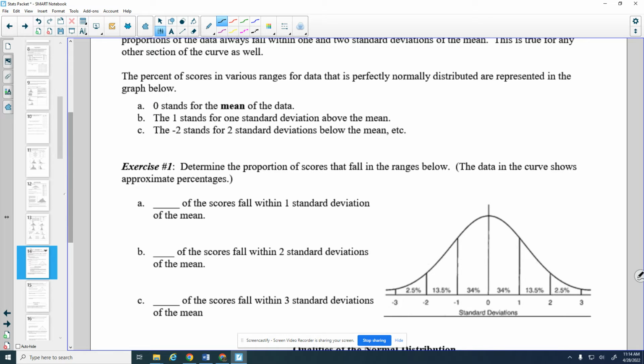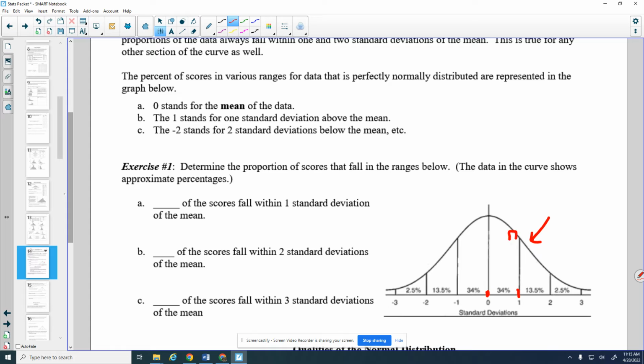So this is that perfect normal curve right here. And basically, no matter what, if we make it perfect like that, we see that between 0, which is the mean, and 1 standard deviation away, there's always 34% of the data that fall between there.